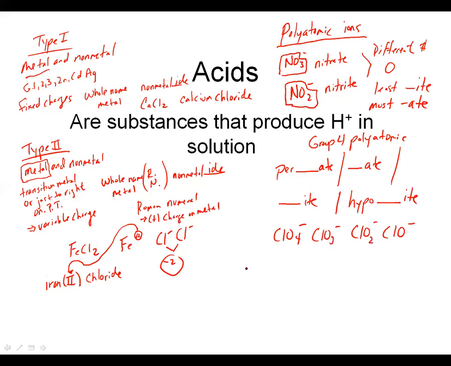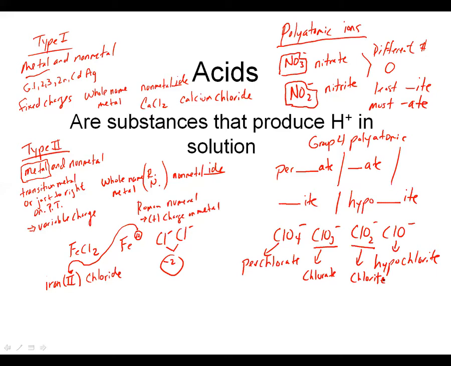So this one with the most oxygen starts with per, and it becomes perchlorate. This one with the least number of oxygen starts with hypo and becomes hypochlorite, with chlorite here and chlorate here as the other names that you would give these, and this group of four that are related to each other. Again, you could swap out the Cl for something like Br, and it would be bromate, bromite. It would be named pretty much the same way.